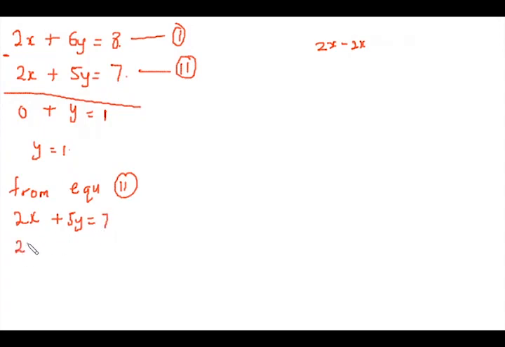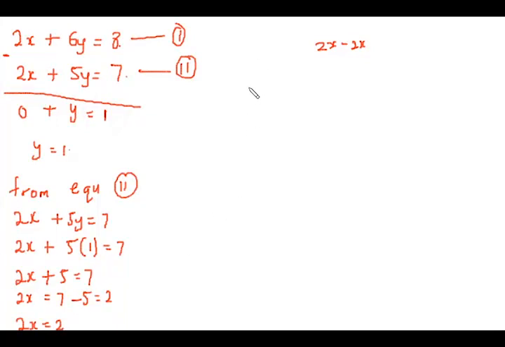I'll be plugging my value of y into this equation. So I'd have 2x plus 5 open brackets 1 equals 7. So 2x plus 5 equals 7. This is now 2x equals 7 minus 5, which is equal to 2. Then you have 2x equals 2.